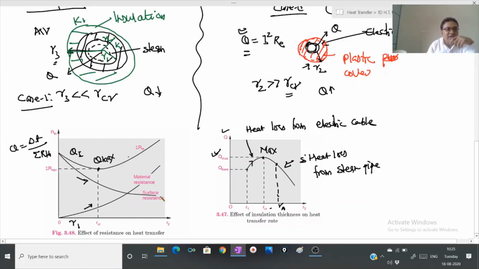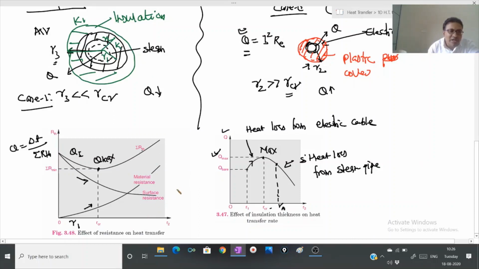Beyond the critical radius of insulation, the material resistance increases sharply and convective surface resistance decreases sharply. As a result of this, the total thermal resistance of the system increases sharply.